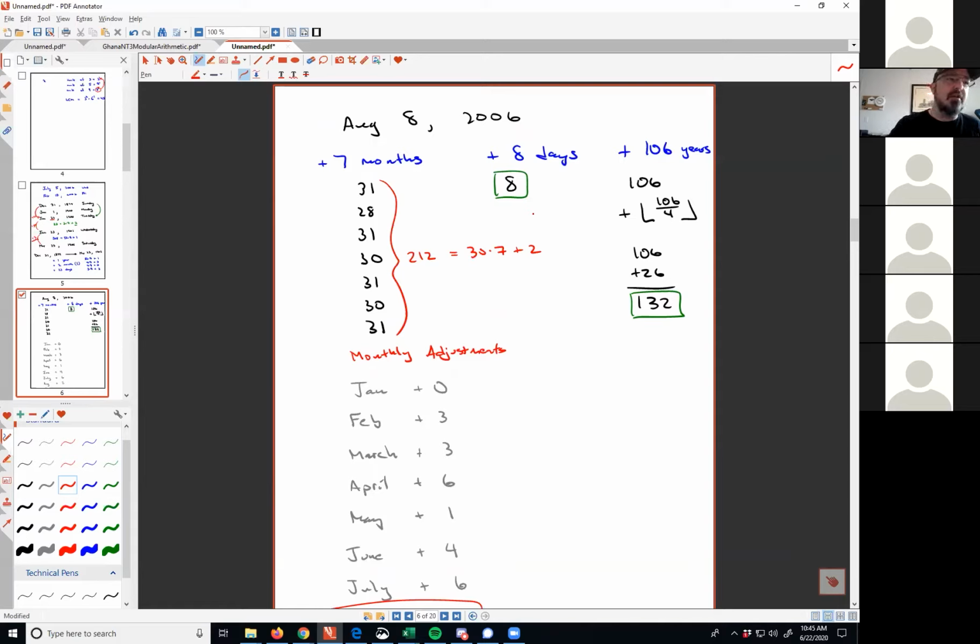Okay, we've gone through 106 years, 7 months, and 8 days, and ordinarily all that would look like this: 106 times 365 plus leap days plus 31 plus 28 plus 31 plus 30 plus 31 plus 30 plus 31 plus 8. But all we care about is the remainder when we divide by 7, right?